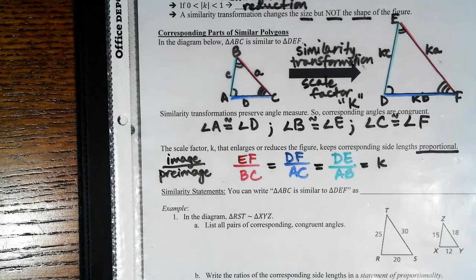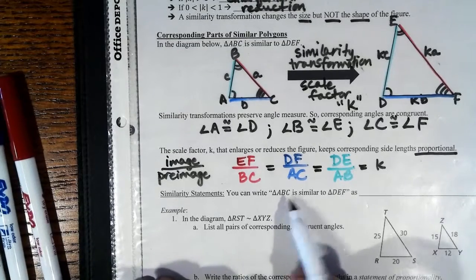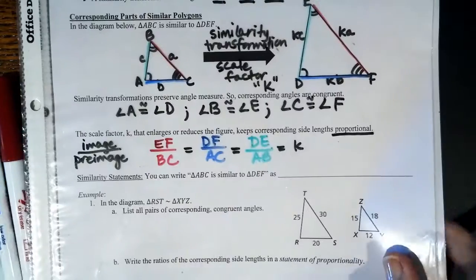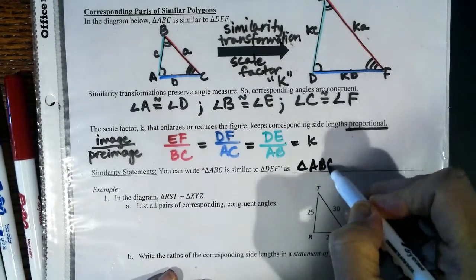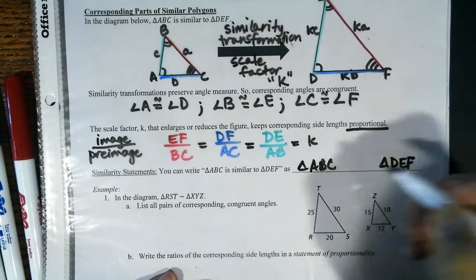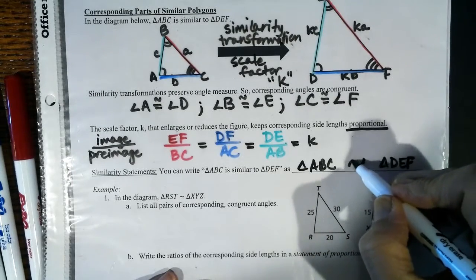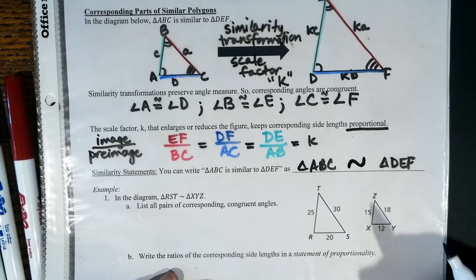So we can write a similarity statement. Instead of writing the words triangle ABC is similar to triangle DEF, you can use a symbol, as always. You just use the little squiggly. It's the top of a congruent symbol, okay?